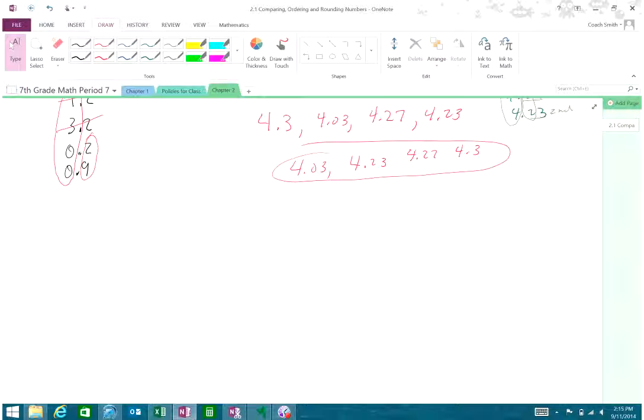Now let's talk about rounding. Okay, the rules for rounding.